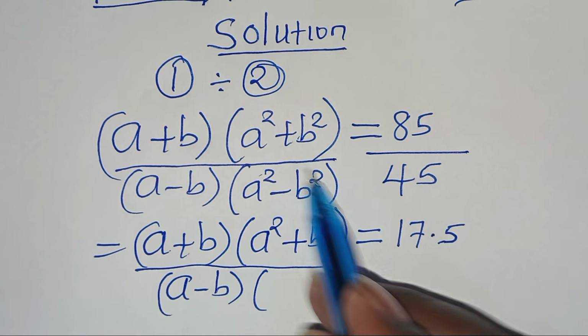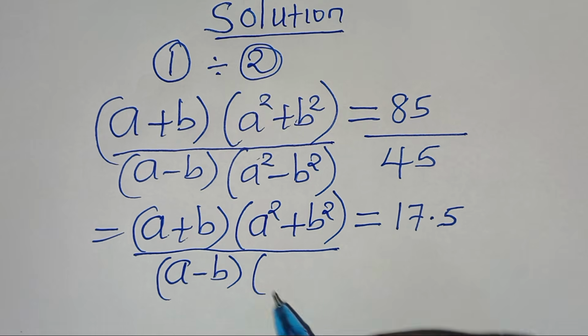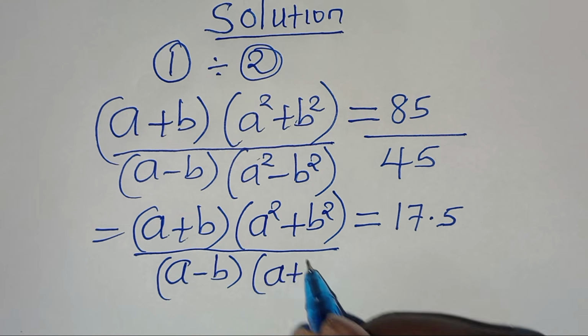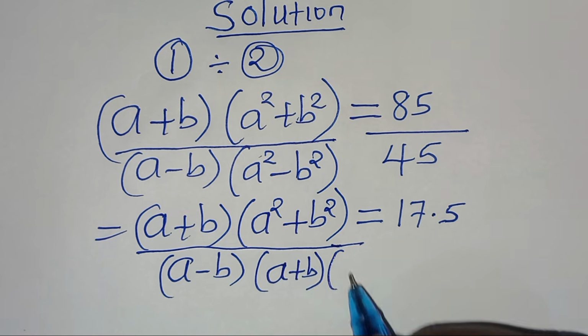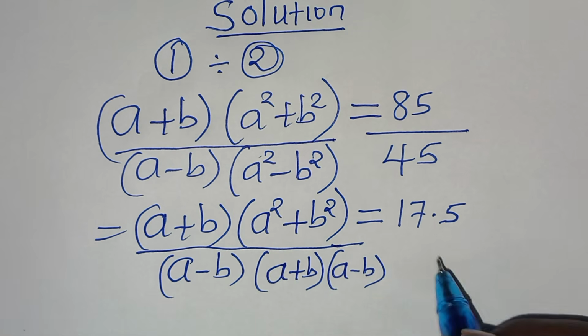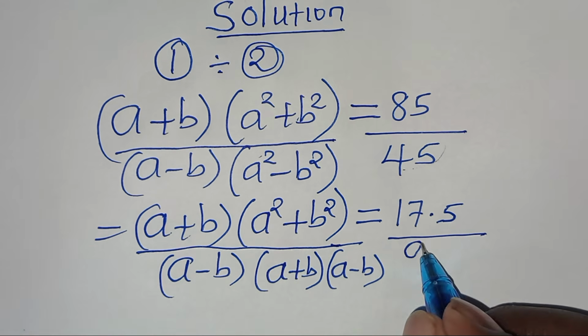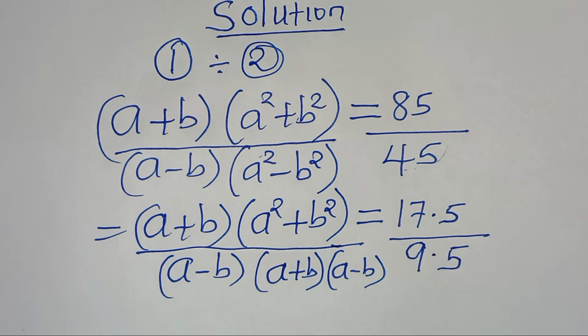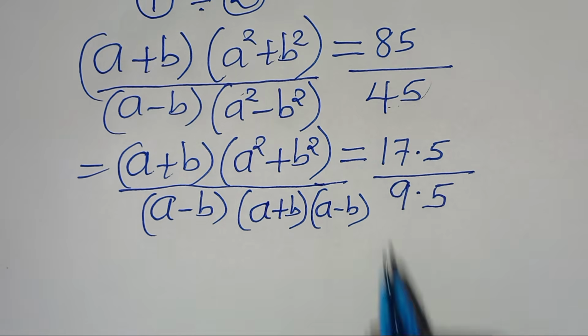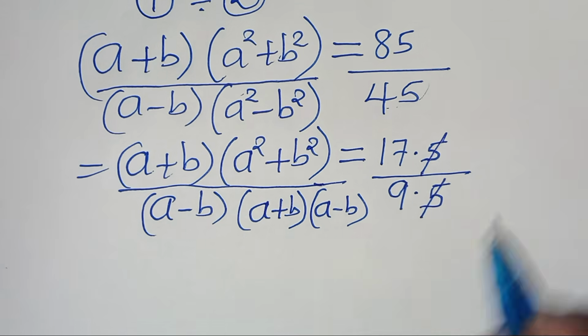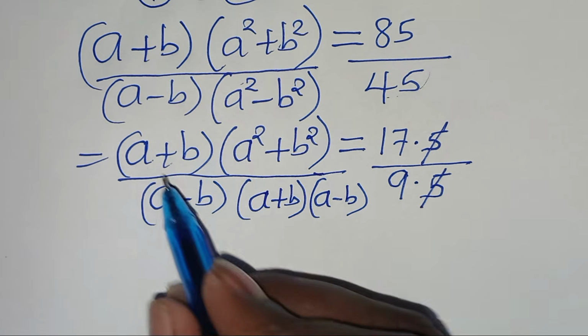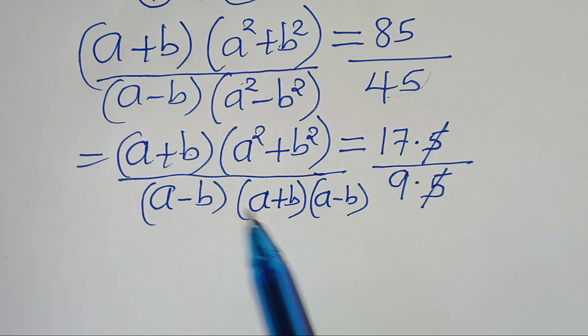This is the difference of two perfect squares that we can express as (a plus b) multiplied by (a subtract b), then divided by 45, which is the same thing as 9 multiplied by 5. So we can simplify 5 and 5, then we have a plus b here and a plus b here.